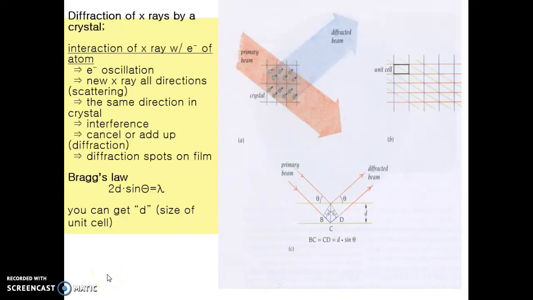Then how is the diffraction pattern obtained in an X-ray experiment related to the crystals that cause the diffraction?